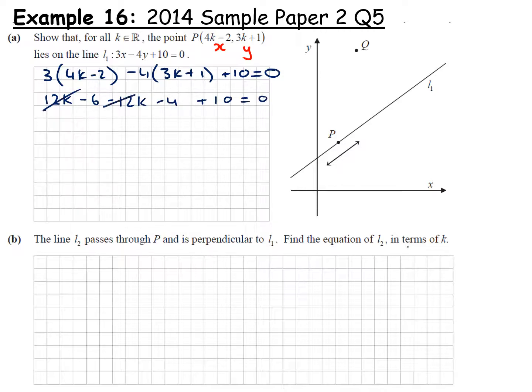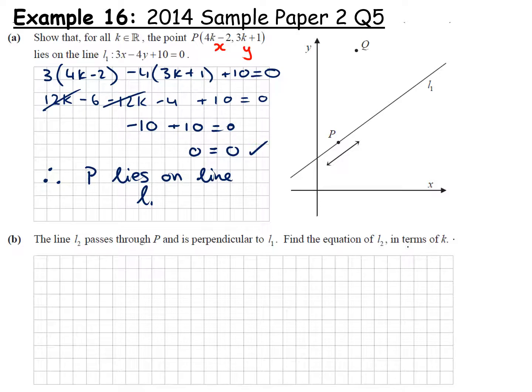The 12k minus 12k goes to 0k. Then minus 6 minus 4, we've minus 10 plus 10, and that is 0 equals 0. Therefore, P lies on line L1. So all we're being asked to in this case is just substitute in.